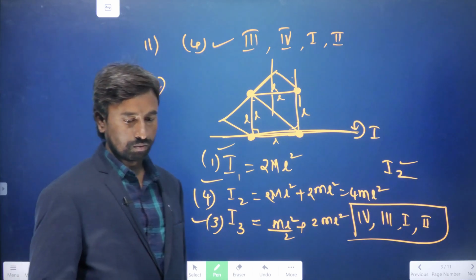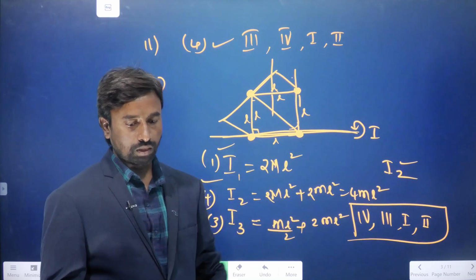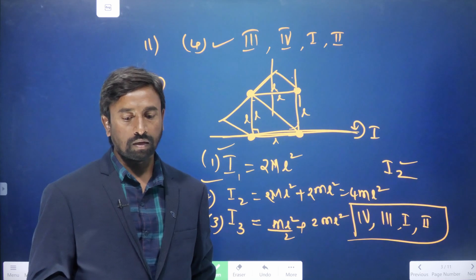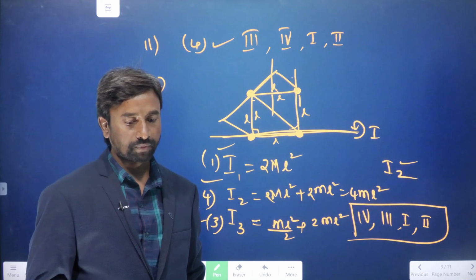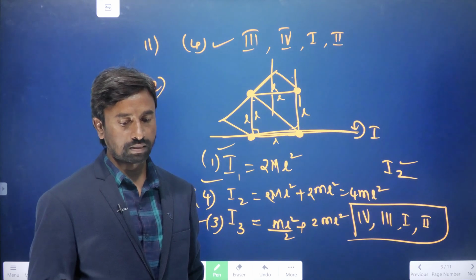Okay, so next one, the 13th one, the last one here in the concept based questions. Let IA and IB be the moment of inertia of a body about the axes A and B respectively. The axis A passes through the center of mass of the body and B does not.